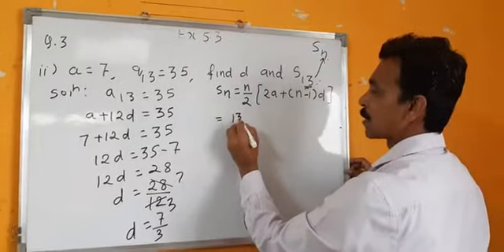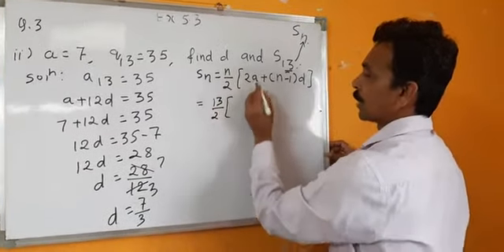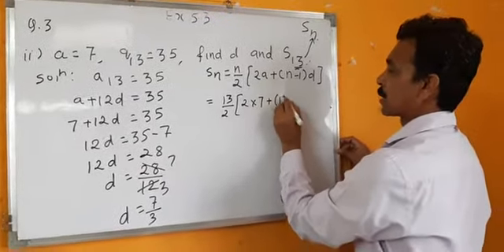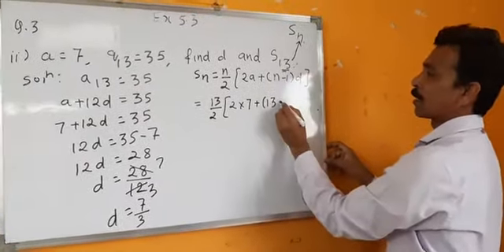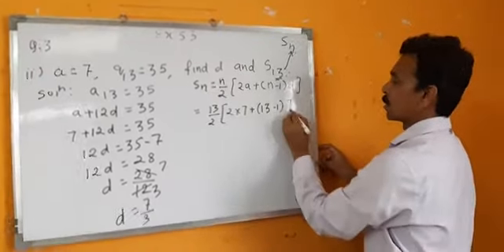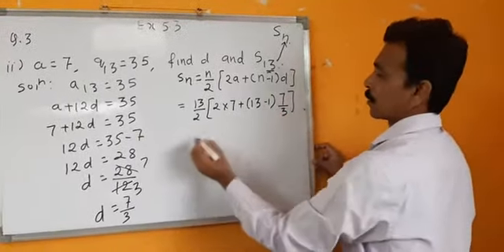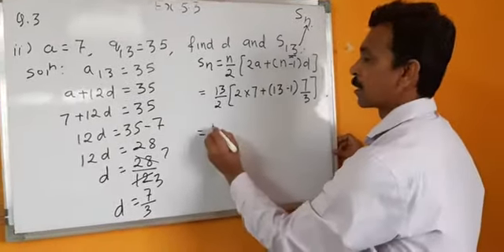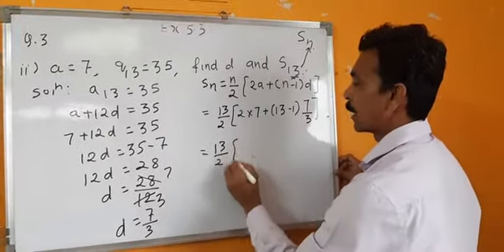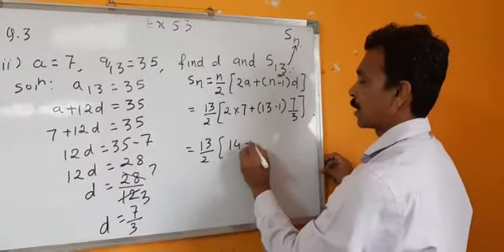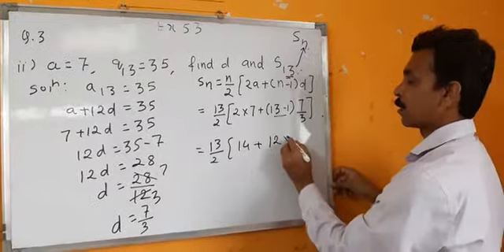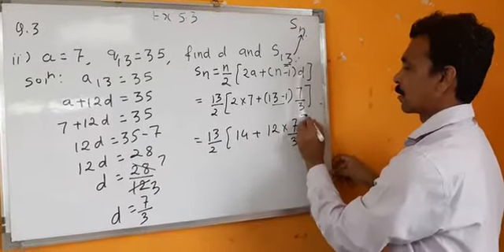So it becomes 13 upon 2 into 2a, 2 into 7, plus n, 13 minus 1, into 7 by 3, because the d here we have found out as 7 by 3. 13 upon 2 into 2 7s are 14 plus, what is 13 minus 1? 12 into 7 upon 3.